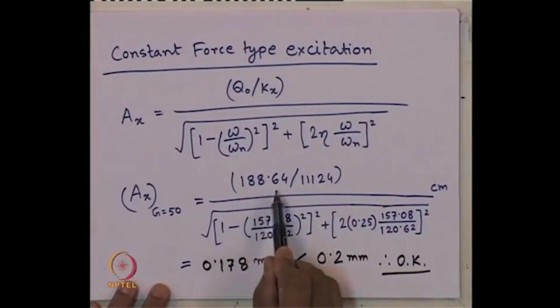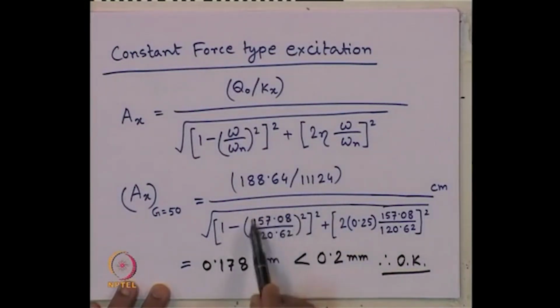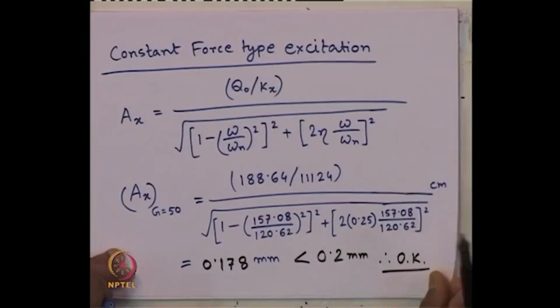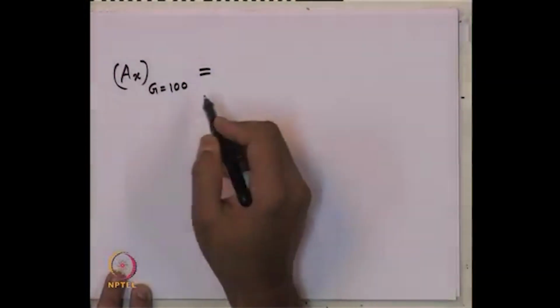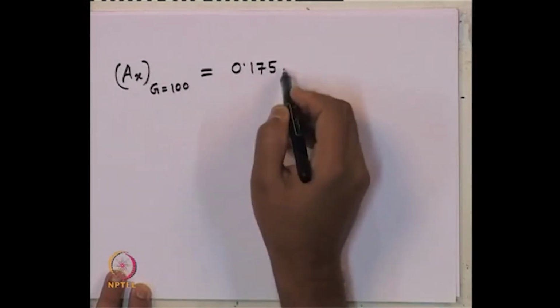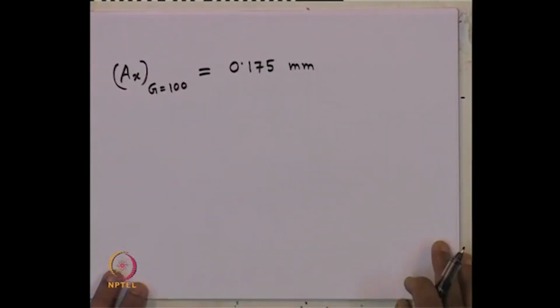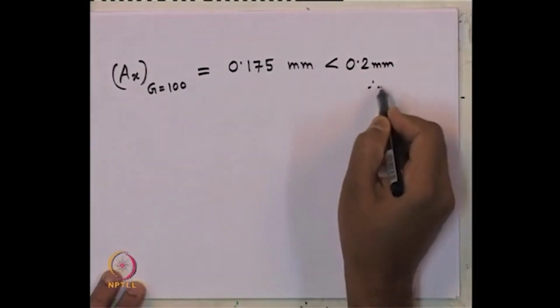The changes will be in this expression: Q naught remains the same, Kx will change, this will become double, 1 minus omega remains the same, omega n changes for G equals 100. Here also omega remains the same, omega n changes. So, if we calculate that way, we will get Ax for G as so many millimeters, fine, which is again less than 0.2 millimeter. Therefore, the design is okay.